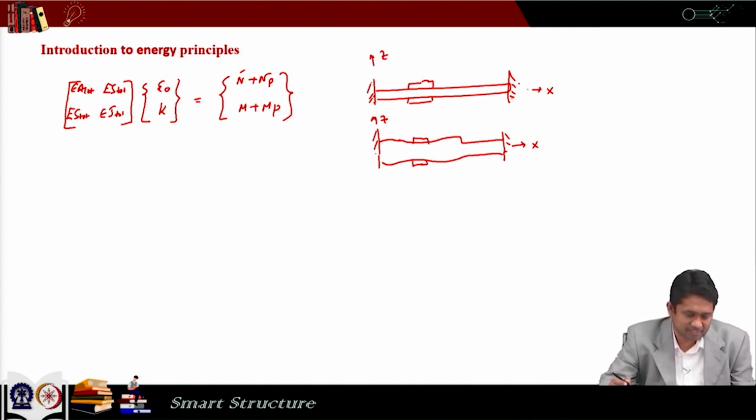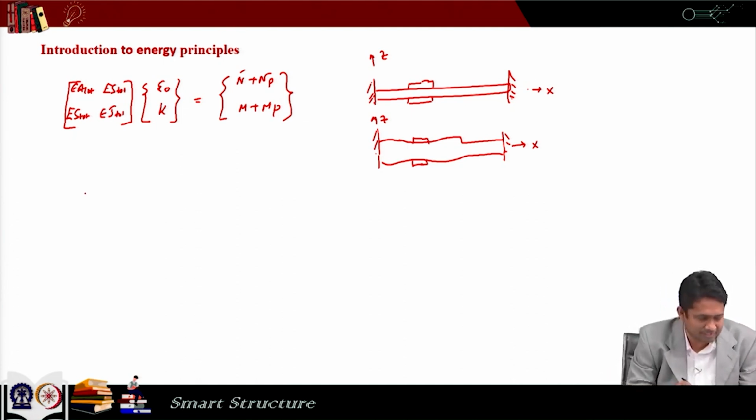So, before discussing the energy principles and the related techniques, we will spend few minutes in discussing something called variational calculus, because that is what we would be using extensively in our formulations.